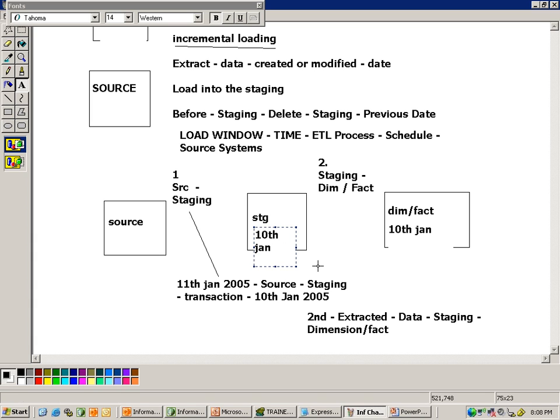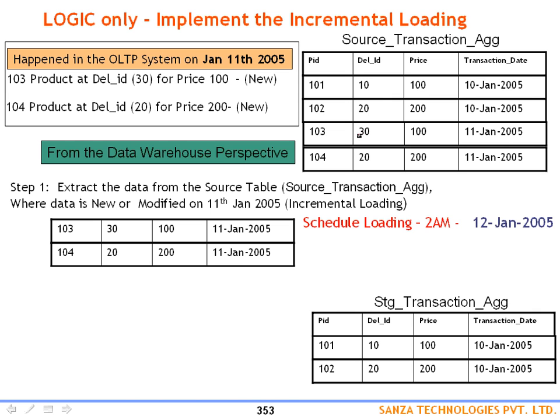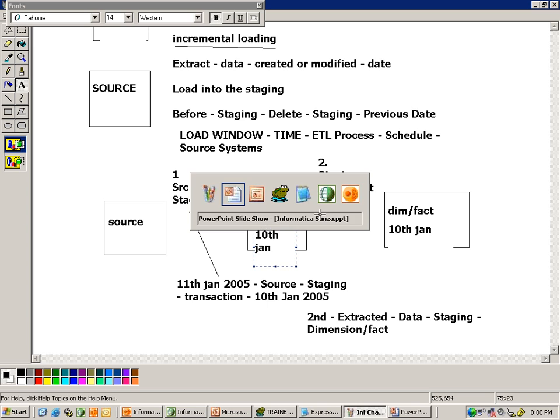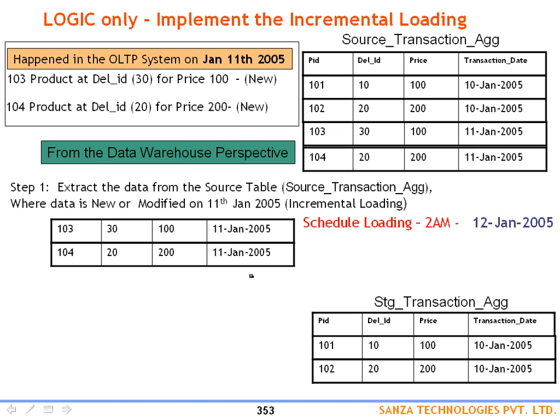Now we are discussing 11th January transactions that happened in our source. So already you have loaded the data into the dimension table and fact table with that assumption mapping. What we are saying is, we are going to delete the data in our staging table.